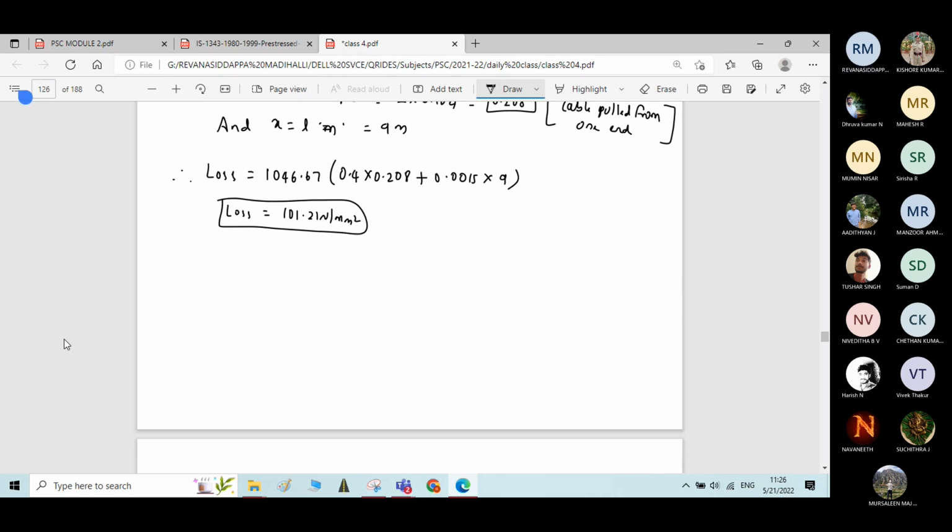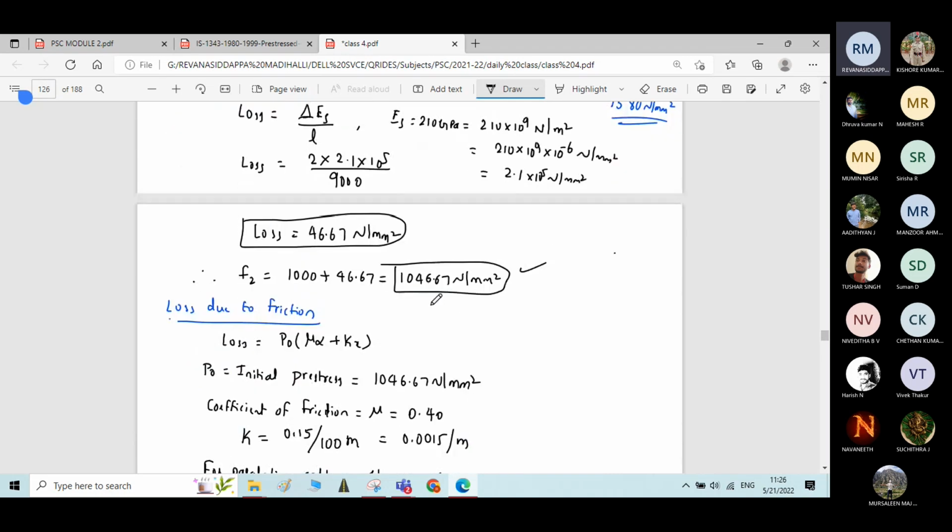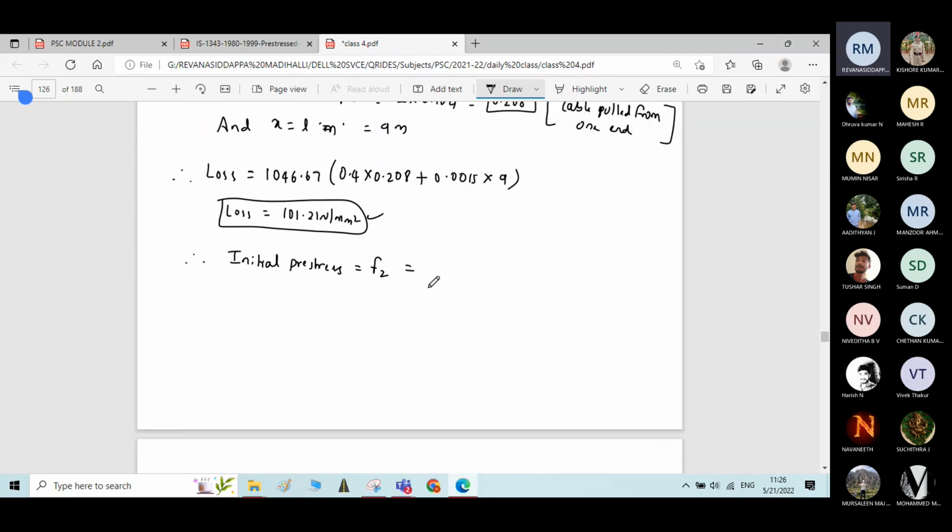Now to overcome loss due to friction, the initial pre-stress should be increased by 101.21 Newton per mm square. Presently the initial stress is 1046.67. Therefore 1046.67 plus 101.21.